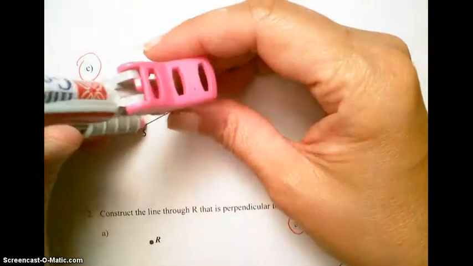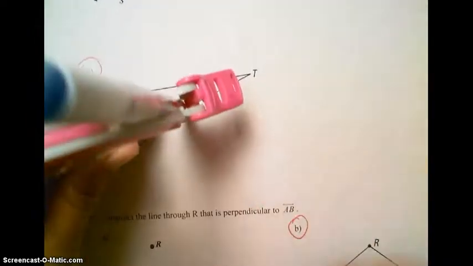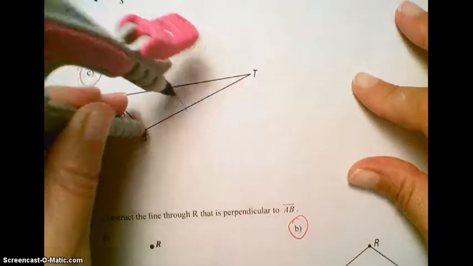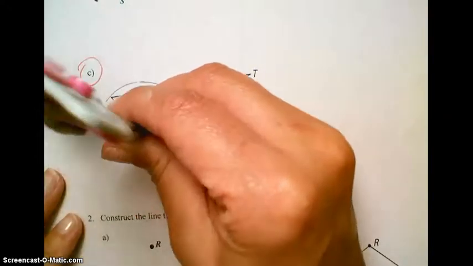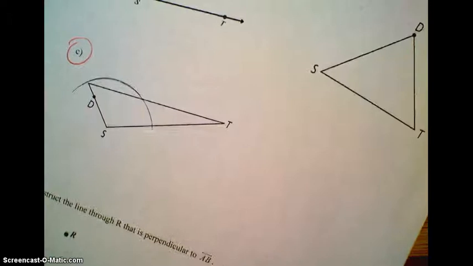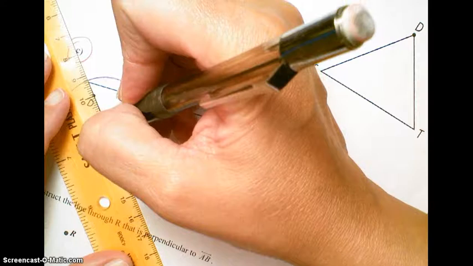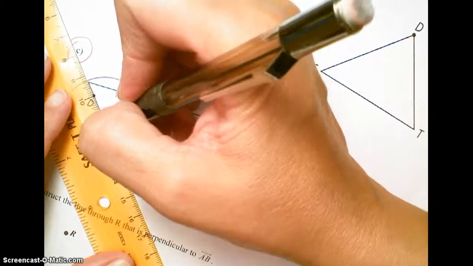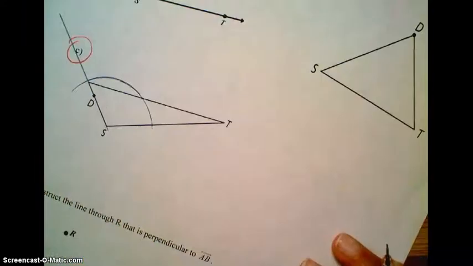So I set my compass to any particular length, and I make an arc mark that crosses both sides of my angle. You'll notice that I'm going to need to extend the side. So I take my straight edge, I line it up, and I extend side SD.